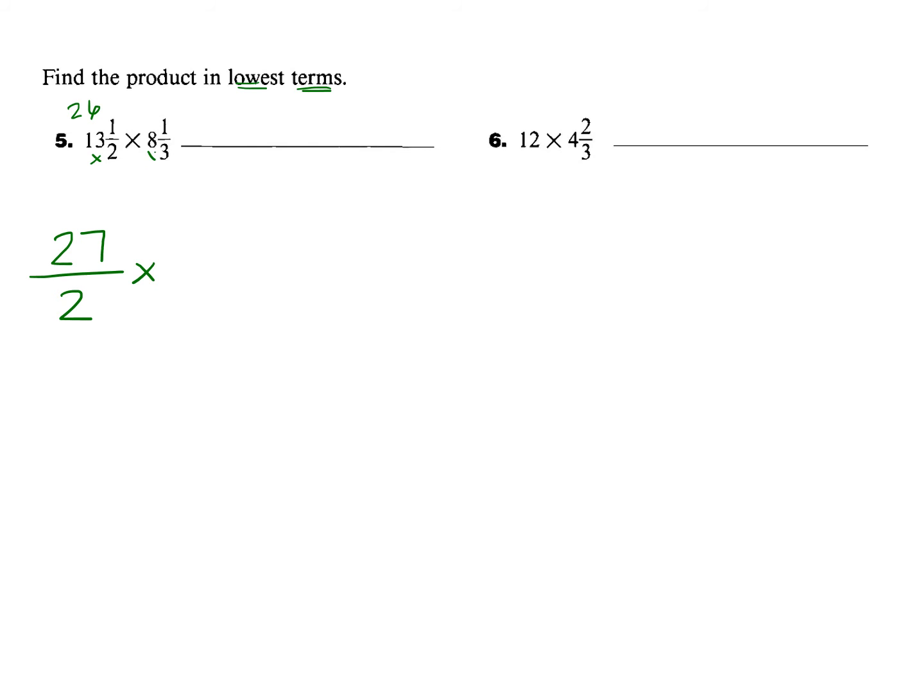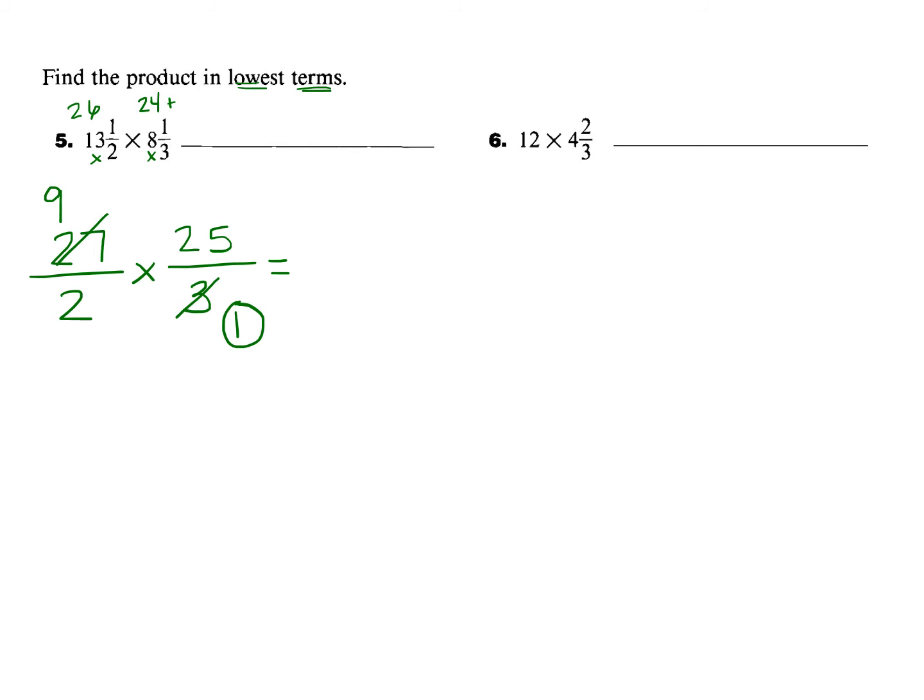3 times 8 equals 24. Plus 1 equals 25/3. I can reduce before I multiply. 3 divided by 3 equals 1. 27 divided by 3 equals 9.